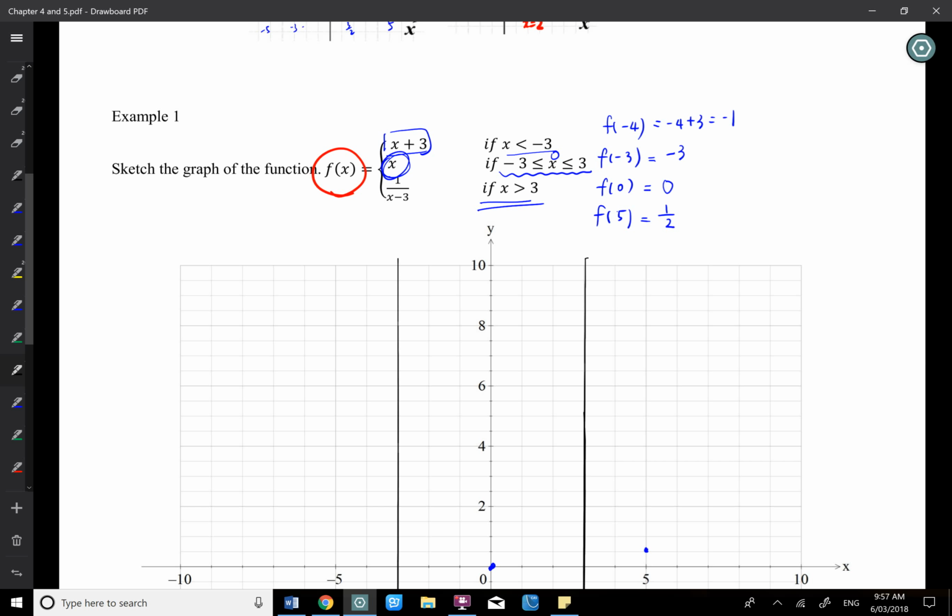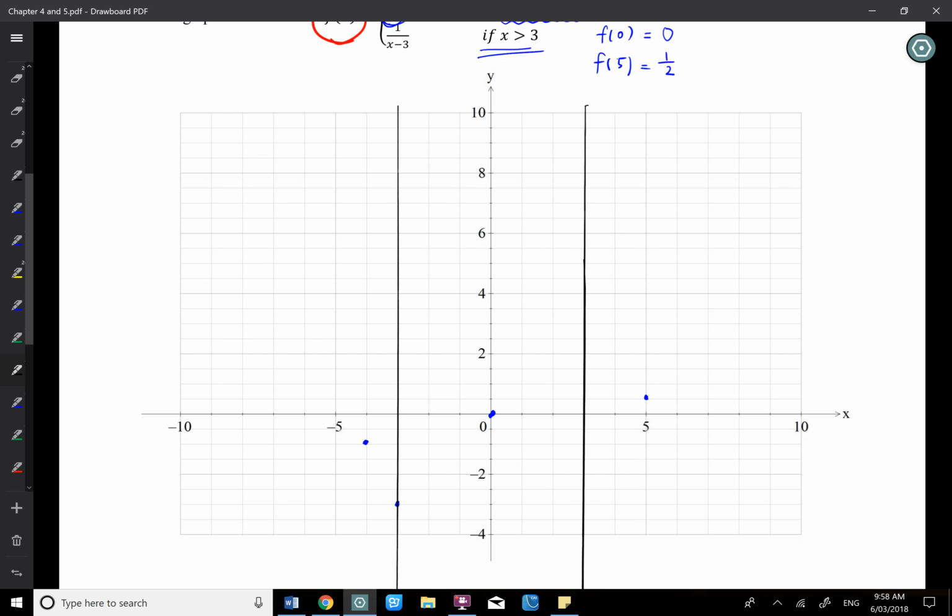Endpoint is always important. Endpoint will be subbed into both equations, but one of them needs to be an open circle. So I can't take -3, but I need to find endpoints. So sub -3 into the first function, I have 0. So I will have (-3, 0) as an open circle.